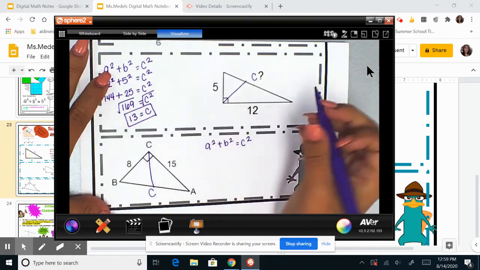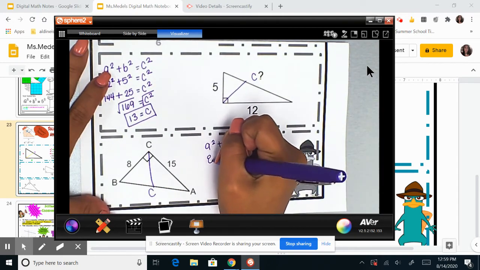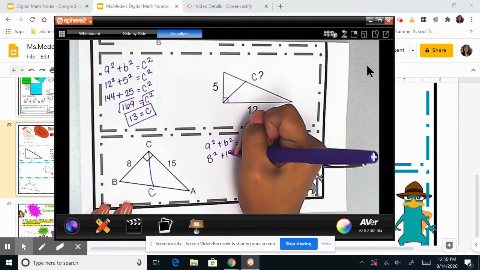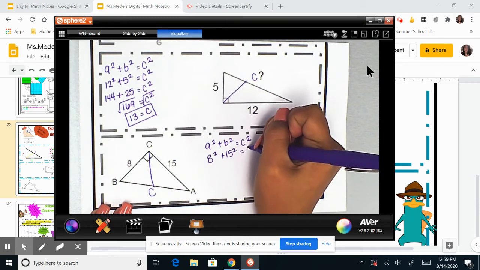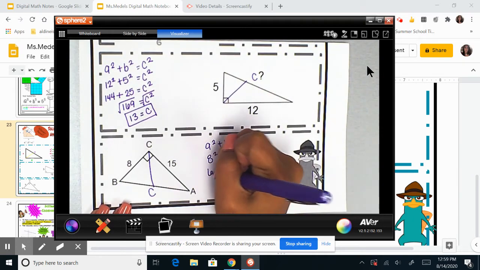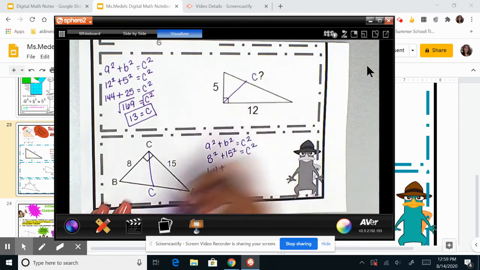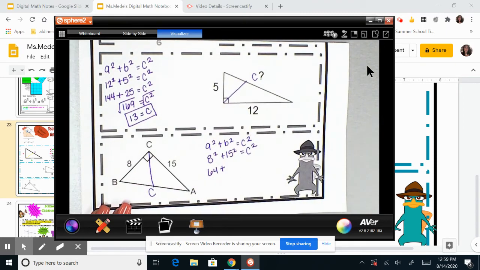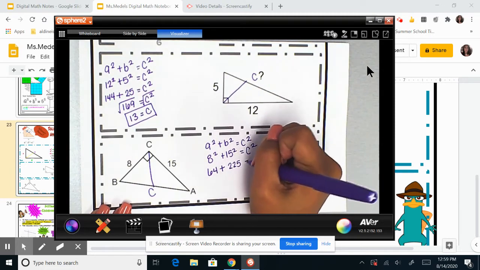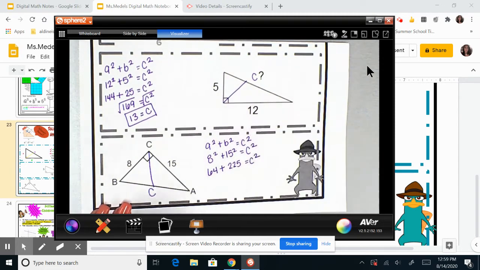My A, again, does not matter. So I'm going to do 8 squared plus 15 squared is equal to C squared. I know that 8 squared is 64. 15 squared is 225. That's going to be C squared.